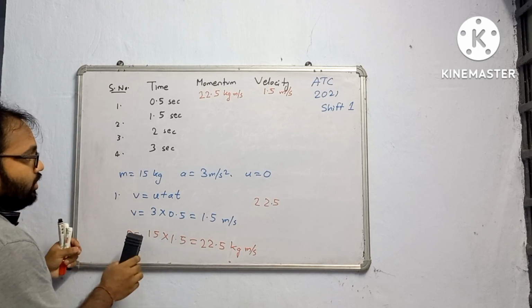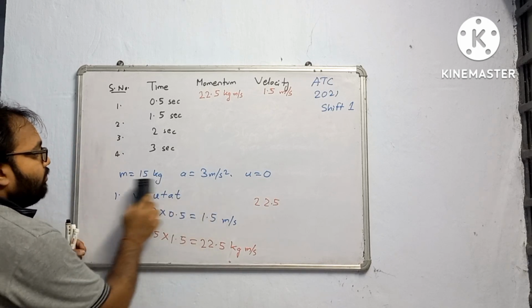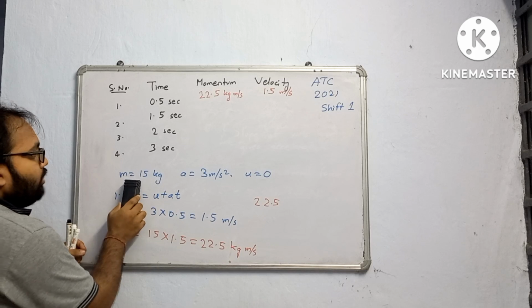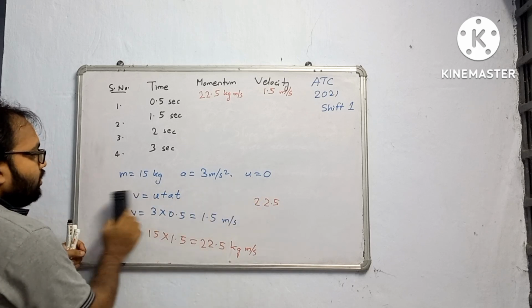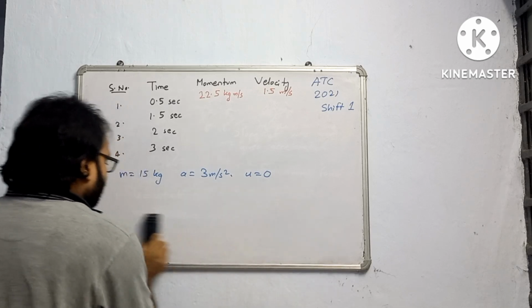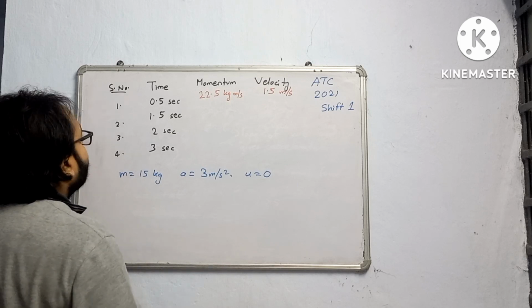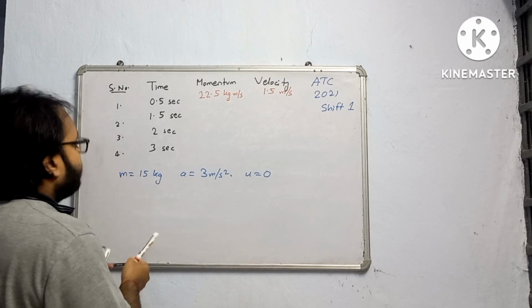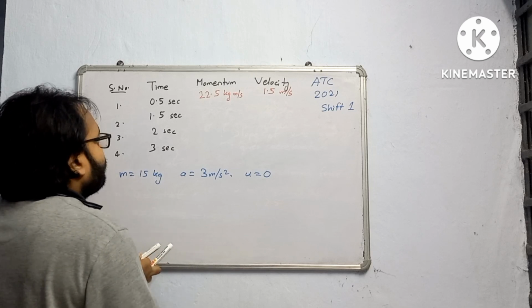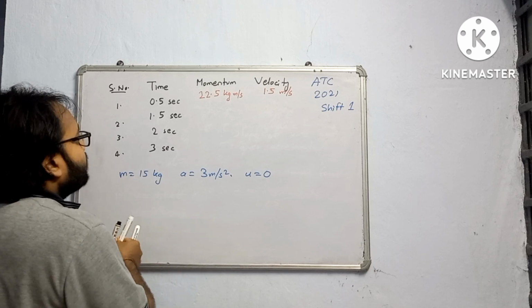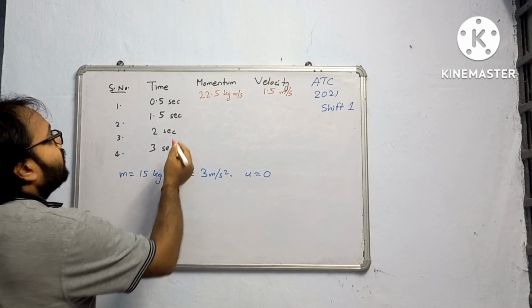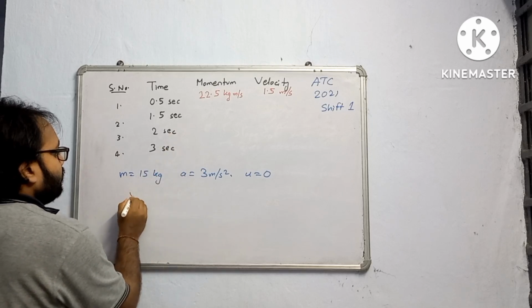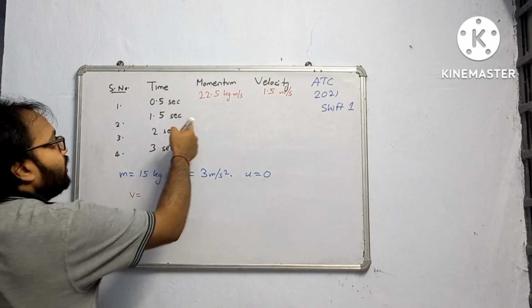You have seen this thing. This I will leave here only. M is equal to 15 kg, acceleration is 3, and the object has started from rest. Now, when time is 1.5 second, V is equal to U, which is 0, plus AT.